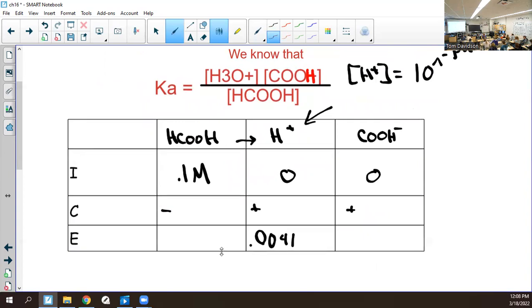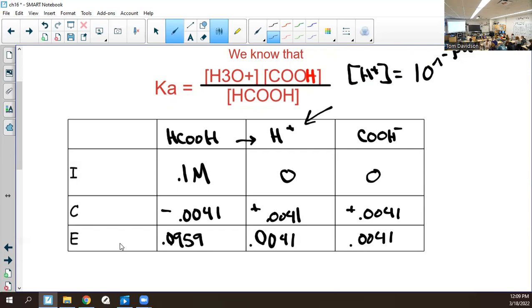Okay, now they're all ones, so this would have been 0.0041. This would have been 0.0041, and this would have been 0.0041. So I know this number, 0.0041, and whatever this is, 0.0959.